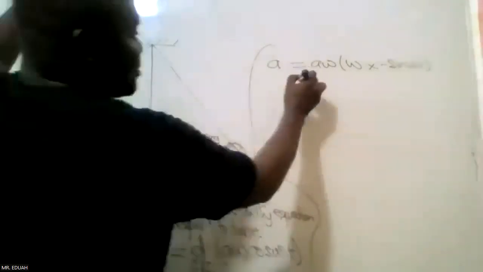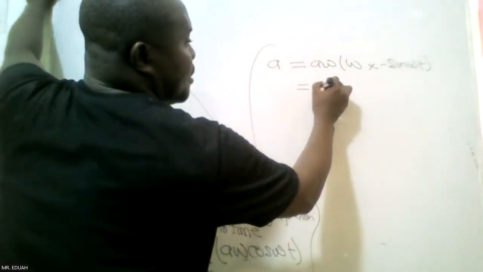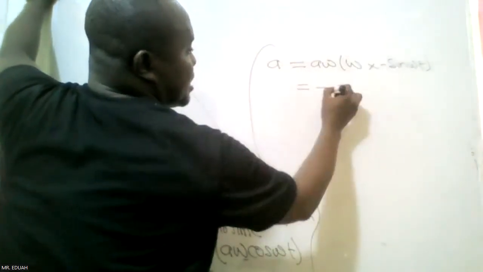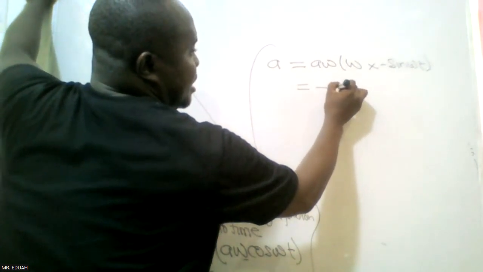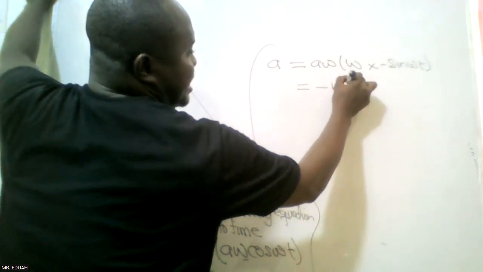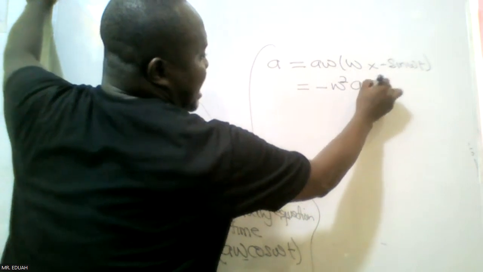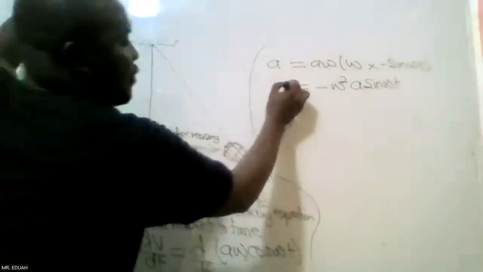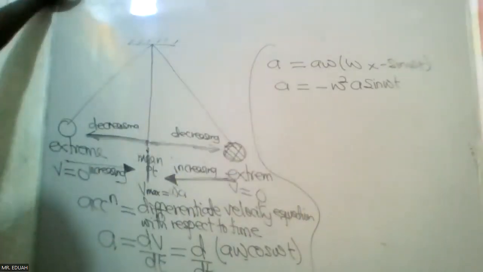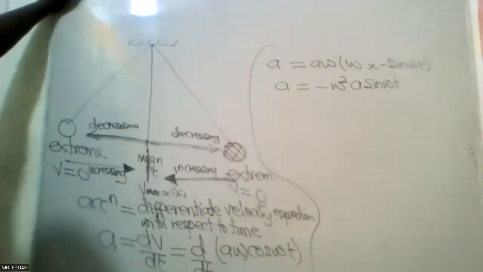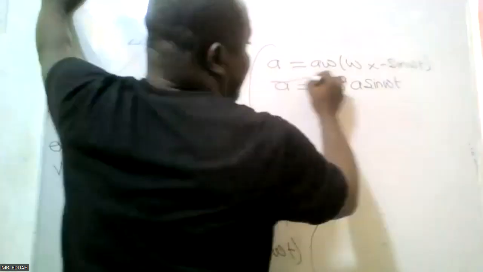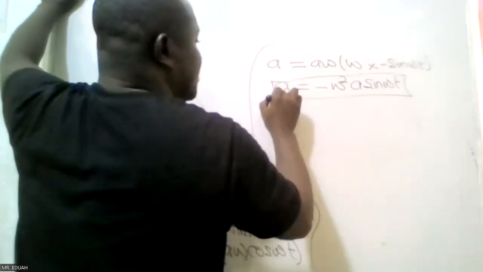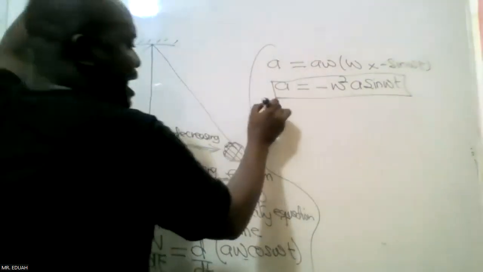So when we multiply, we have minus omega squared a sine omega t for the acceleration function. So this is the acceleration function with respect to time.